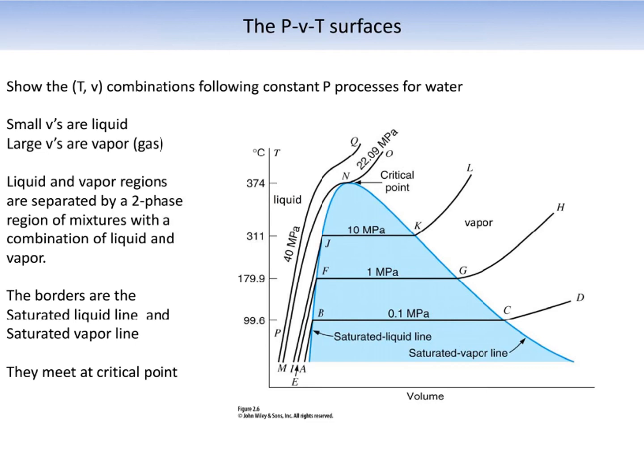What we have seen is a temperature-volume diagram for water, and most of the traditional engineering pure substances, like water, carbon dioxide, argon gas, and others, exhibit a similar kind of behavior.